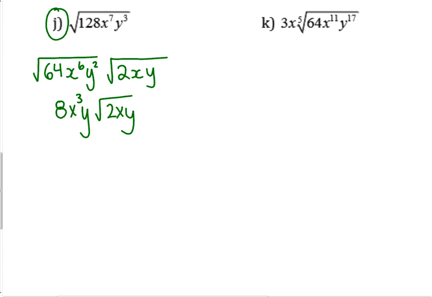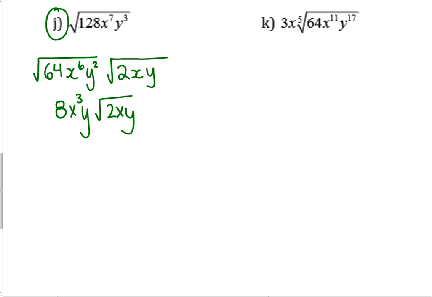I think I'm just going to change the 7th root one first. Yeah, let's just change it. Okay, this is already good.